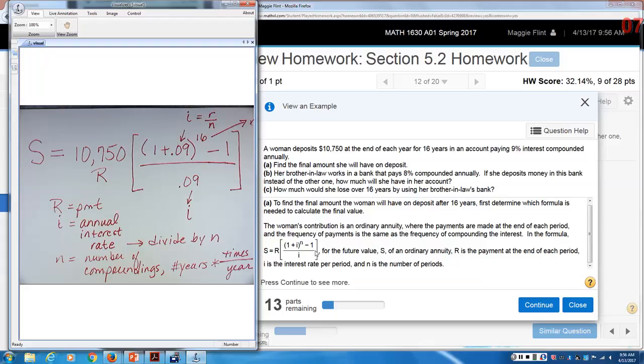So that's the number of years times compounded per year.